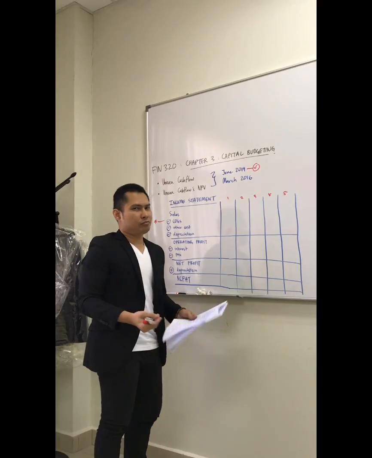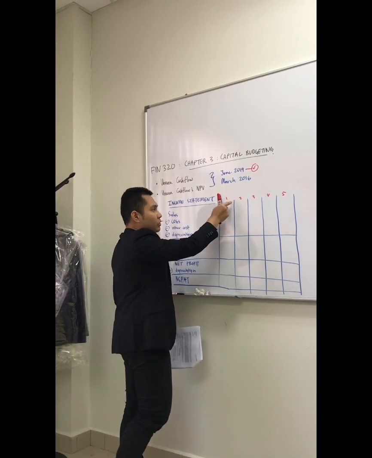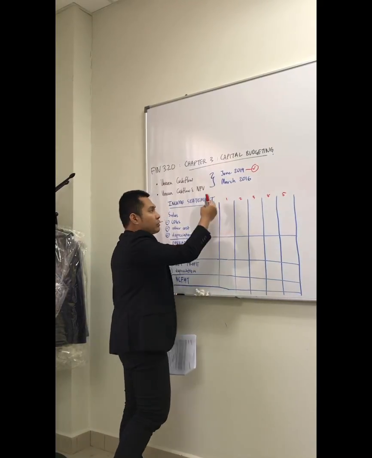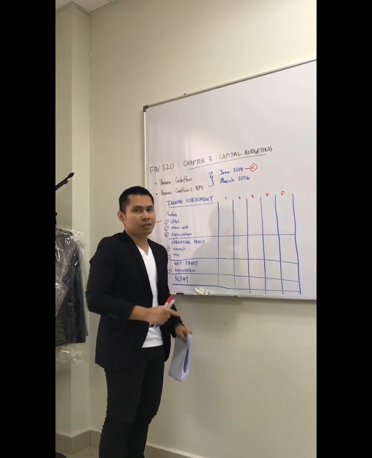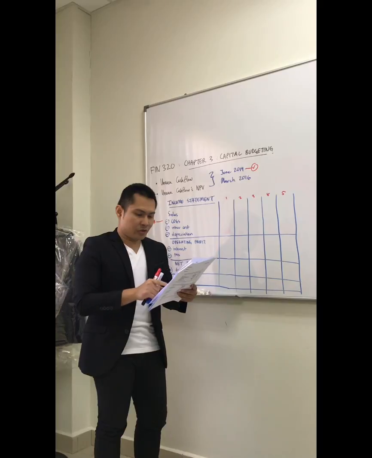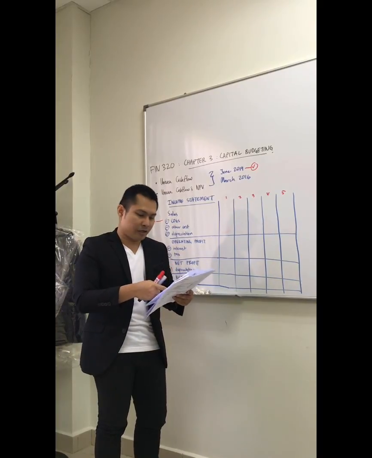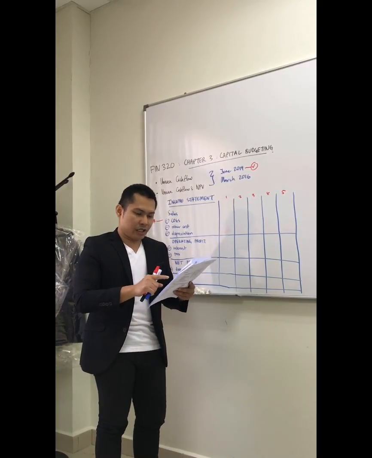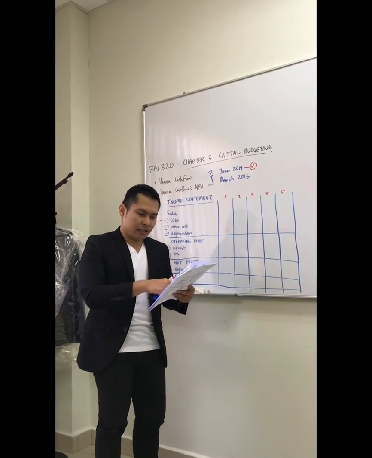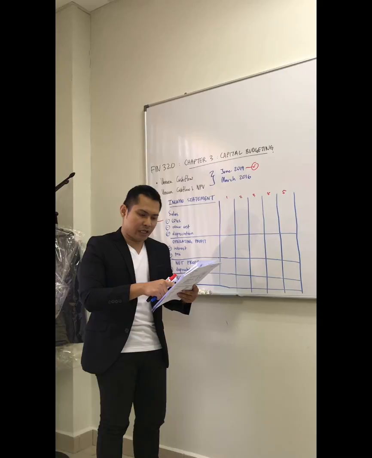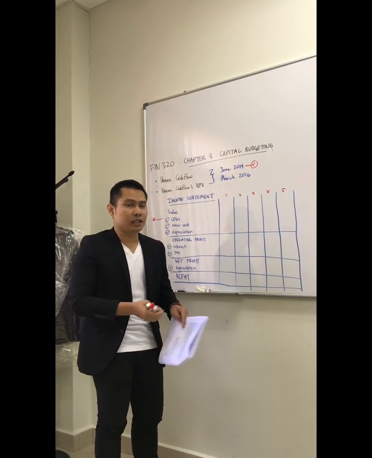So by that means you should have only one column, right? You can say year 1 to year 5 with the same amount of depreciation. But based on this question, look at the last paragraph. There are changes that the new machine brought. Electricity charges increased by 60,000 from year 1 until year 5.